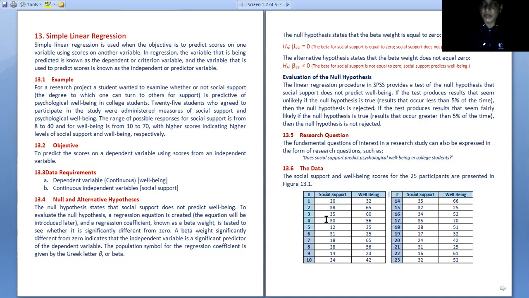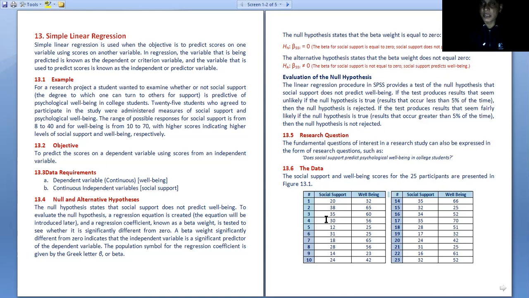Now, how are we going to say that we are accepting either the alternate hypothesis or the null hypothesis? If the significance, that is the p value, is equal to 0.05 or less than that, we will be accepting the alternate hypothesis.